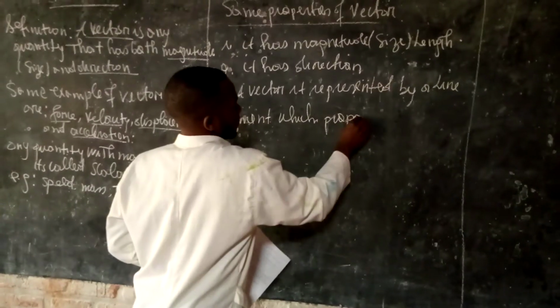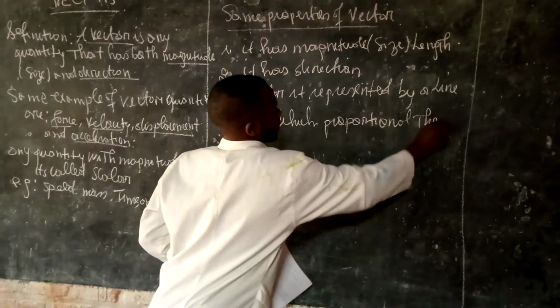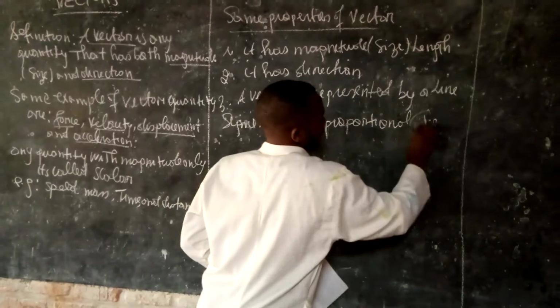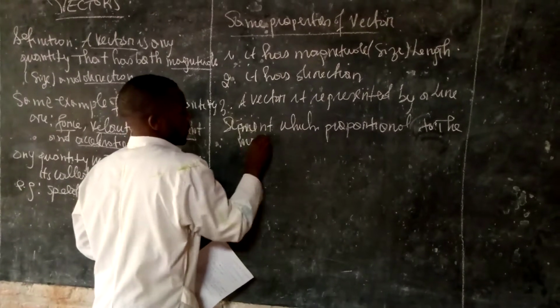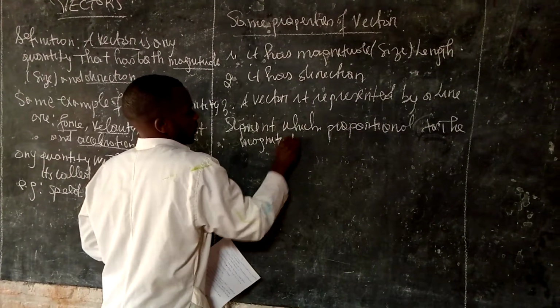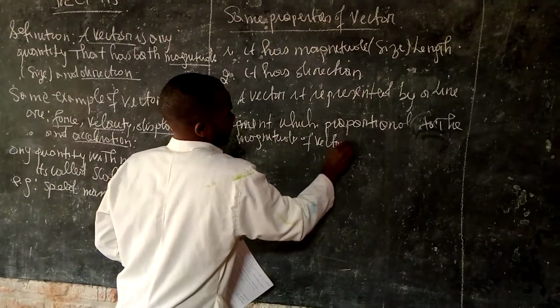where those line segments are proportional to the magnitude of vectors.